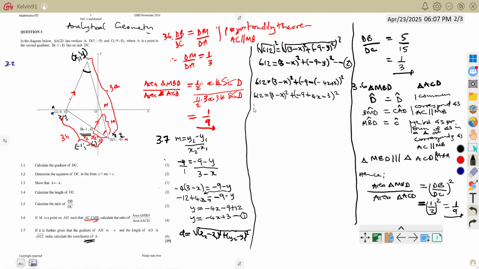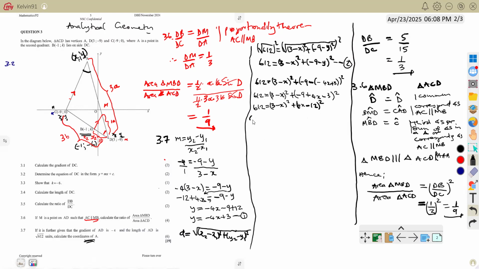So this 612 is equal to 3 minus x squared plus 4x minus, 9 minus 3 becomes minus 12, squared.